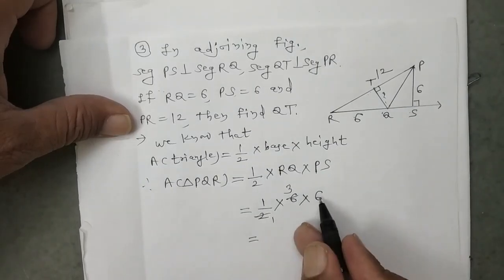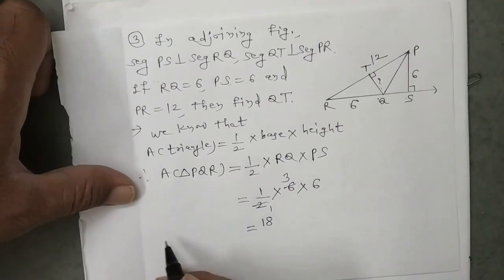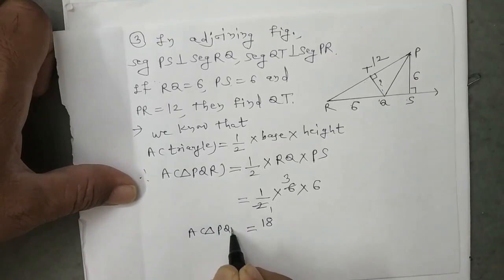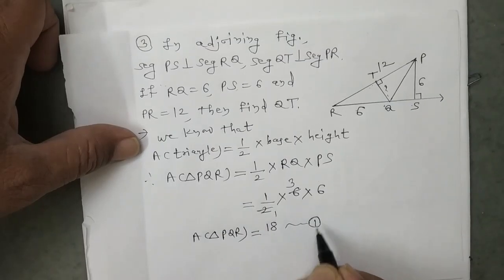Therefore is equal to 3 into 6, 18. Therefore this is area of triangle PQR is equal to 18. This is number 1.